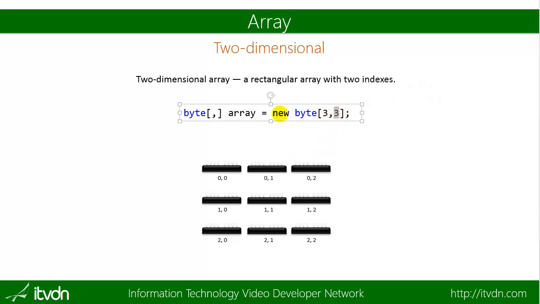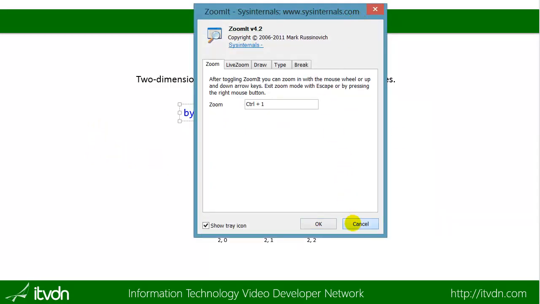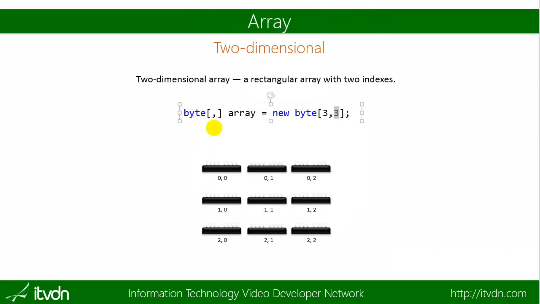So let's imagine that we want to assign a value to one of these arrays. What do we do when we want to assign a value? What we do is pretty simple. The easiest way is to write byte, for example.